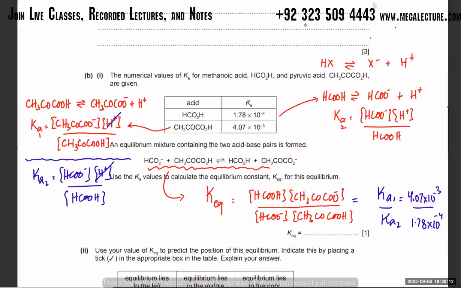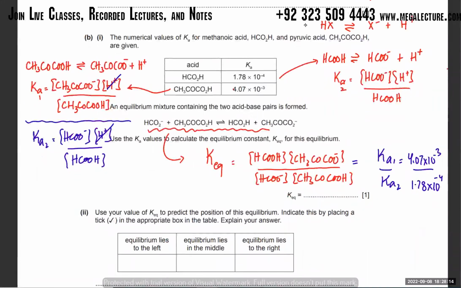So tell me the answer, what do you get for this? Because the next part is to explain based on it. We have to tell that it's 22.865, right?